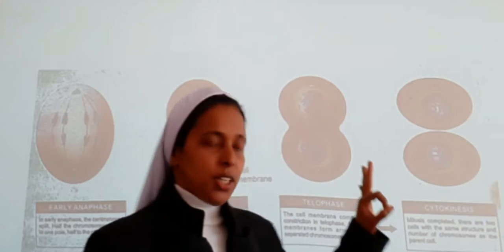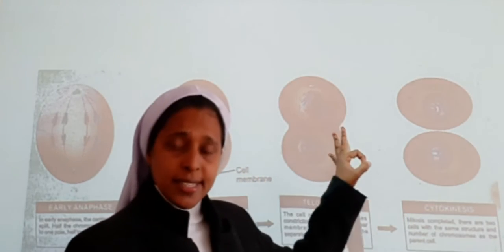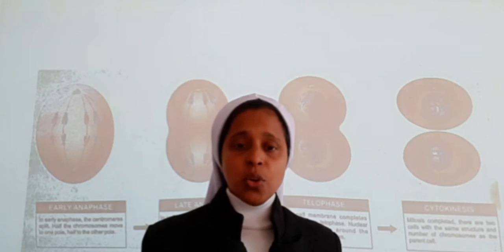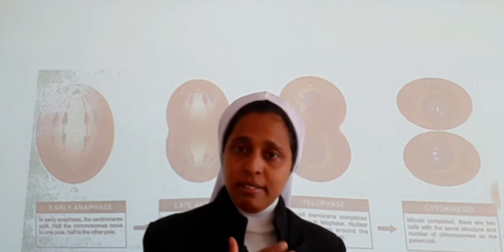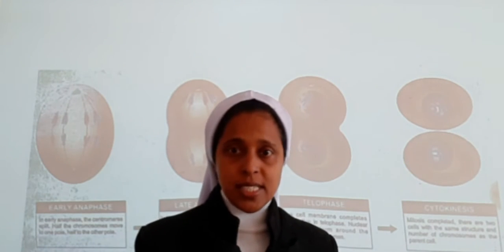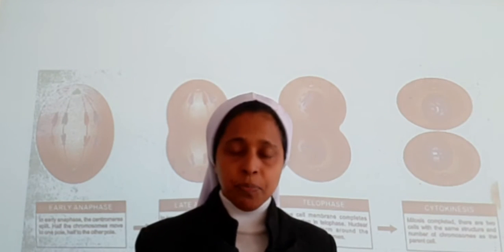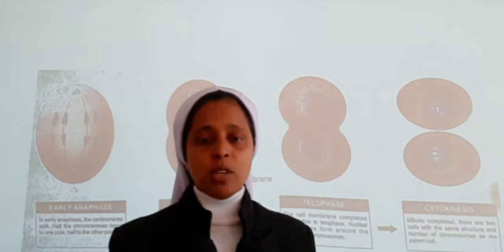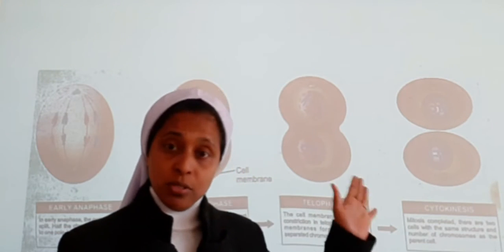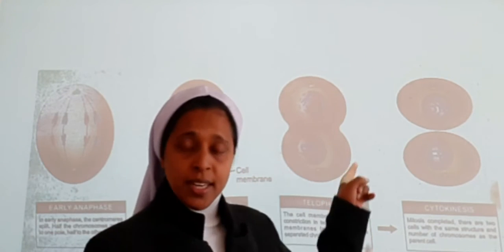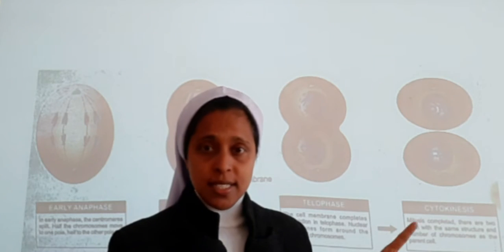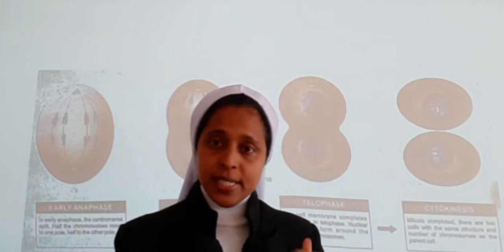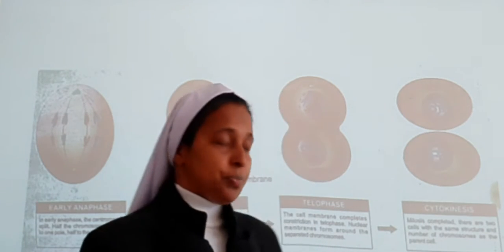The chromosomes start to decondense and lose their individuality. It is the reverse process of the prophase that takes place in the telophase. We learned in the prophase what happens to the endoplasmic reticulum and the nuclear membrane.